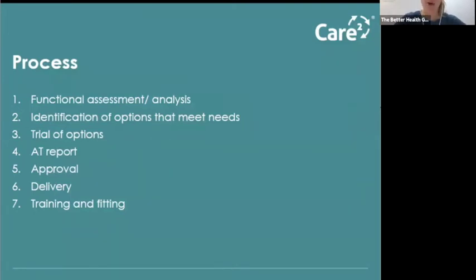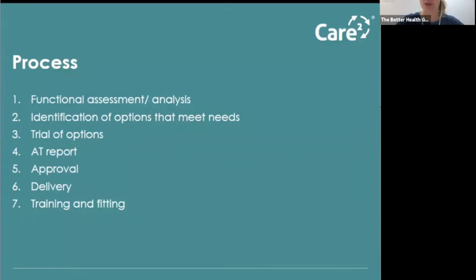This is not for home mods, of course, I can talk about that separately. A trial involves getting the supplier to bring out those options to the person's home, to their environment, getting them to have a play, see if they like the option, see if it meets the functional needs, making any adjustments as needed with the rep, and honing those 3 options down to one ideal option.